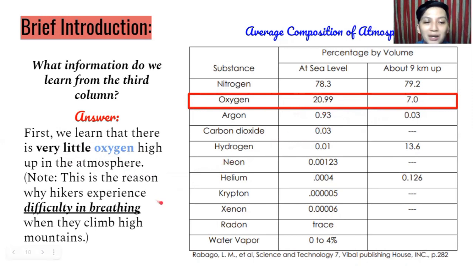So the reason behind is, for example, hikers experience difficulty in breathing when they climb high mountains. So kapag umaakyat ka ng bundok, pinakamataas na part ng bundok, nahihirapan ka nang huminga because the oxygen levels decrease. Okay, bumababa yung oxygen level kapag tumataas ka. So ang nangyayari, nagkakaroon ka ng paghirap sa paghinga.